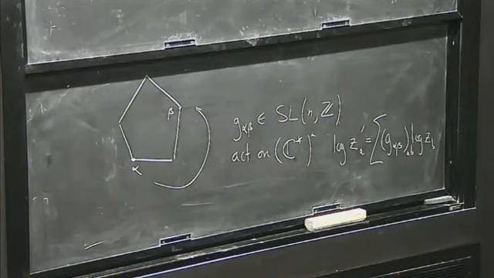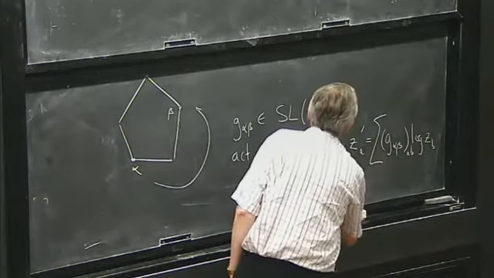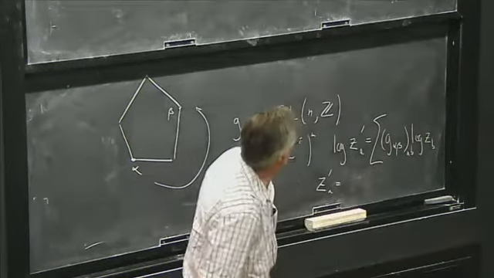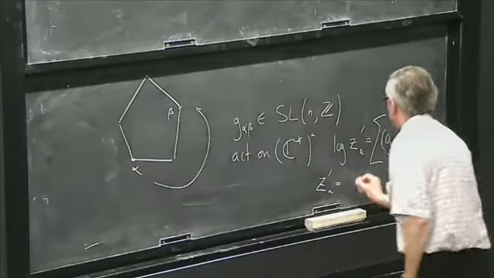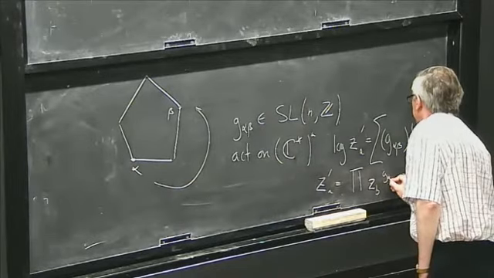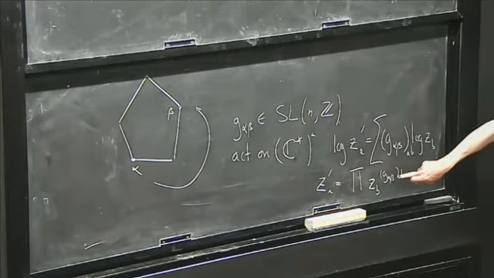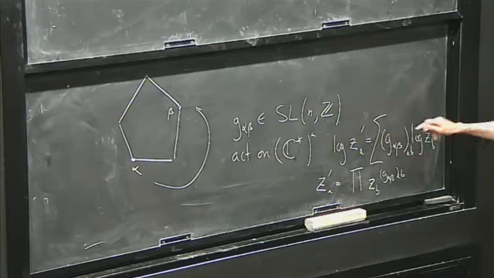But if we take this formula, then exponentiate to remove the logarithms, we'll get the corresponding multiplicative formula. So it's going to be the product of z b to the G alpha beta AB. Because these are integers, this is actually well defined.